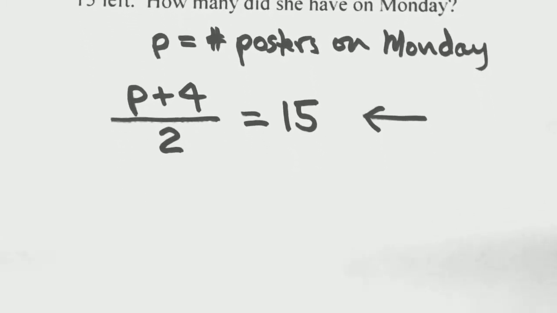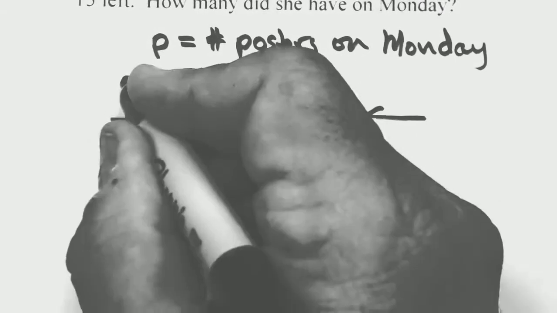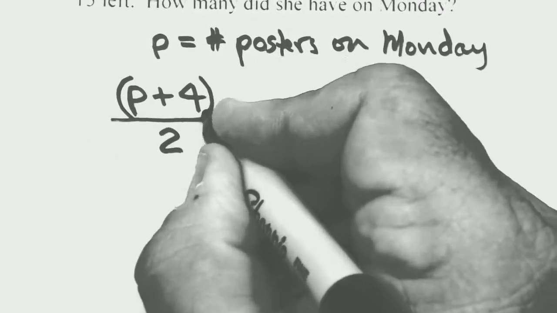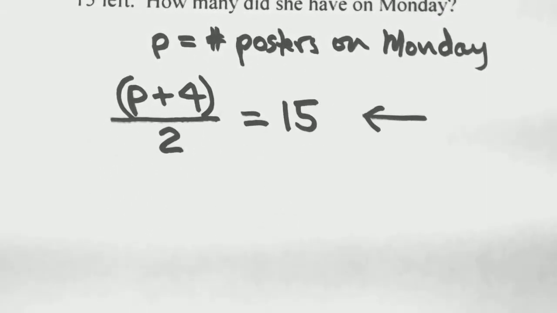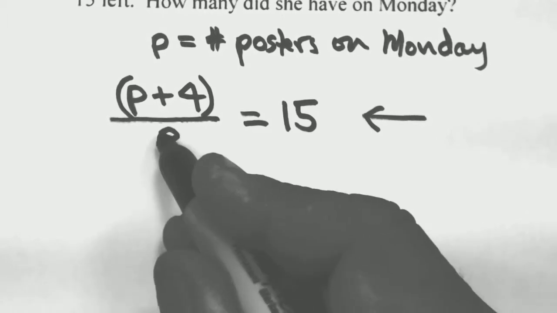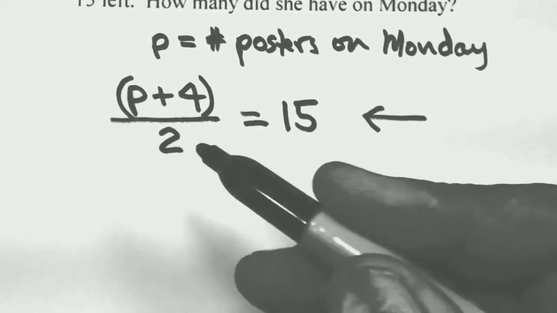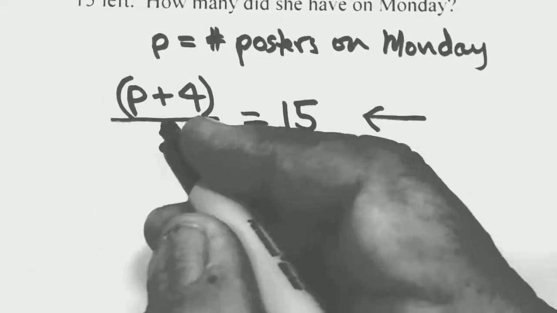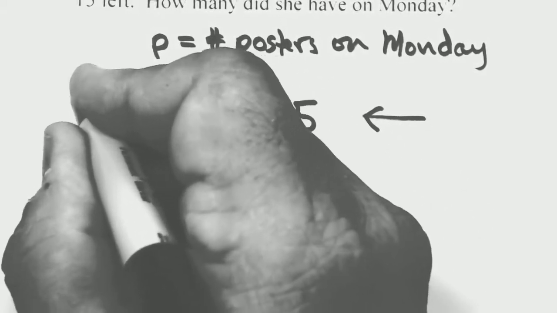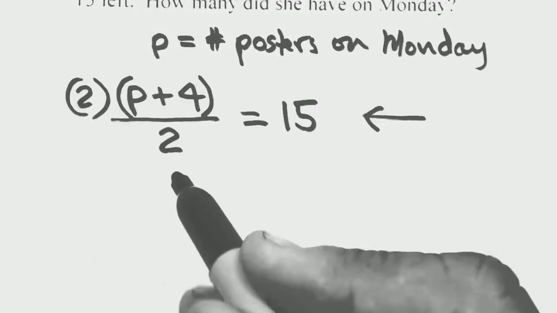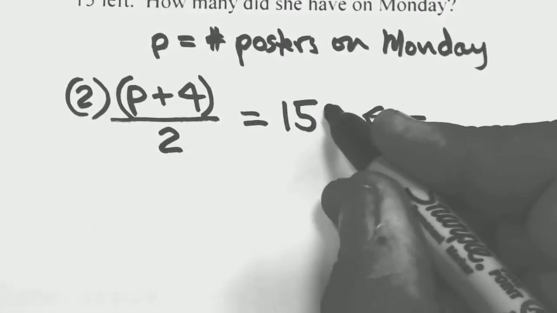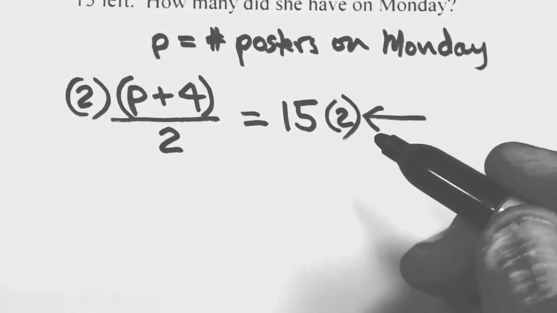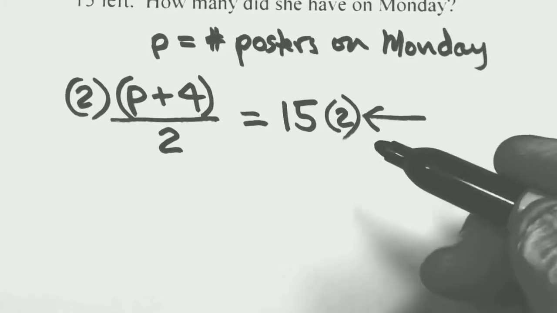Okay, now, let's take a look. Here's the whole numerator up here, P plus 4. I'll put parens around just to indicate that. It's being divided by 2. Well, one of the easiest things we could do here is get rid of this division by 2 by multiplying by 2. I'll do that to the left side, but I also will have to multiply the right side by 2.